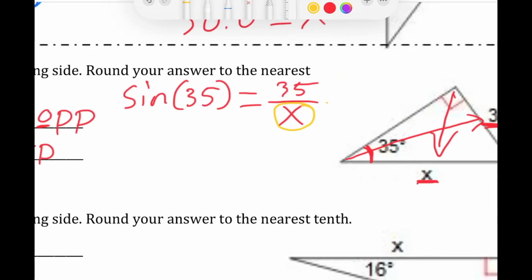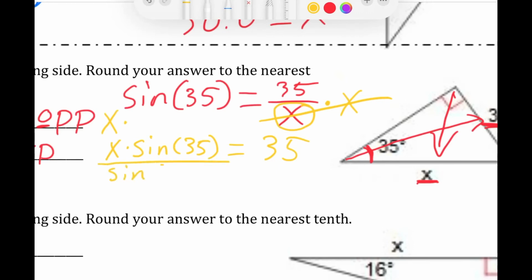But right now we've got to get rid of this fraction so we can actually handle it. So we're going to multiply by x on both sides. We get x times sine of 35 equals 35. Then we're going to divide by sine of 35 on both sides so x is by itself.